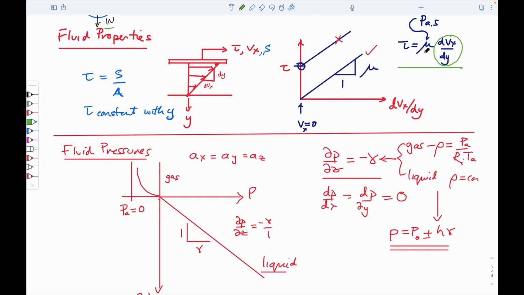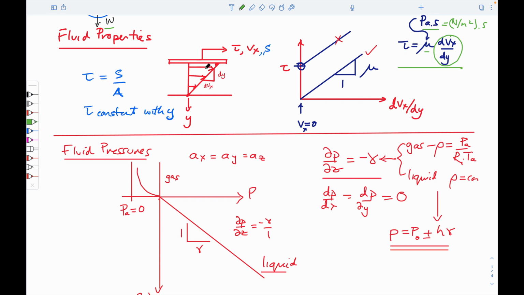And the constant that relates the shear stress to that gradient in velocity is the dynamic viscosity, which has units of Pascal seconds, which are also newtons per meter squared times seconds. Pascal is just a newton per meter squared.